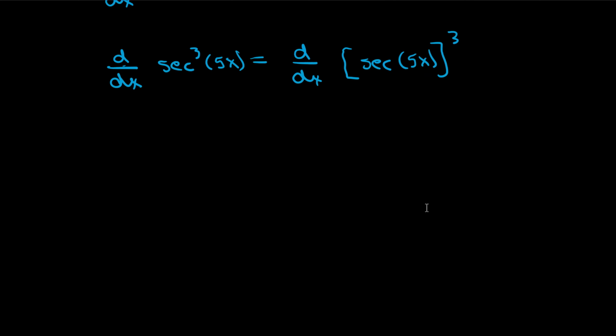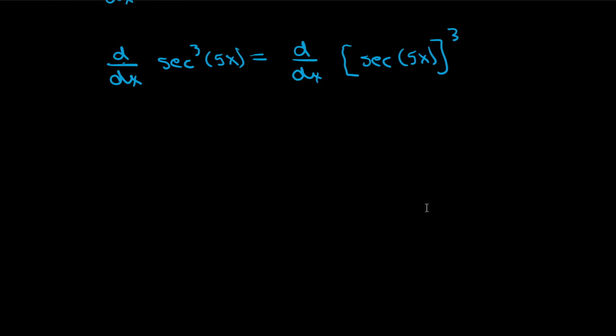So I'm first going to record the derivative of the outside, leaving the inside alone. I'm going to leave this secant of 5x alone and only work with the 3 in the exponent, which will come out front as a coefficient, times the exponent reduced by 1 to give us an exponent of 2.